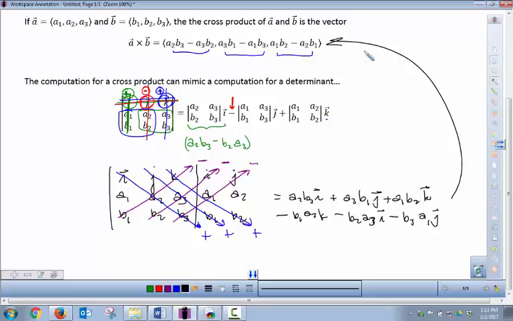I hope. Let's check the I's. So the I is A2, B3 minus B2, A3. A2, B3 minus A3, B2. Same thing. Okay?